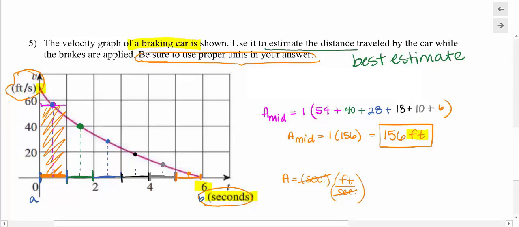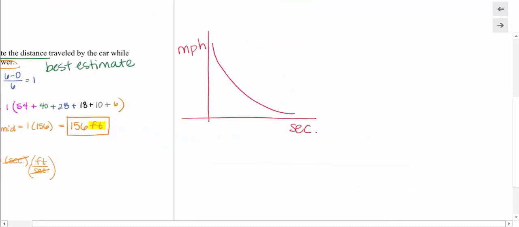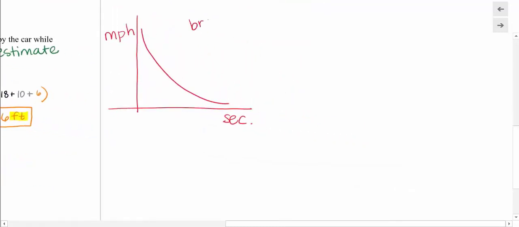But again, these are feet per second, not miles per hour, and we are braking, so we are not accelerating, and we're only traveling for 6 seconds. So going 156 miles, for example, would be pretty aggressive. We typically measure these things in miles per hour, and we talk about how many seconds it takes that car to brake. So here's my braking car.